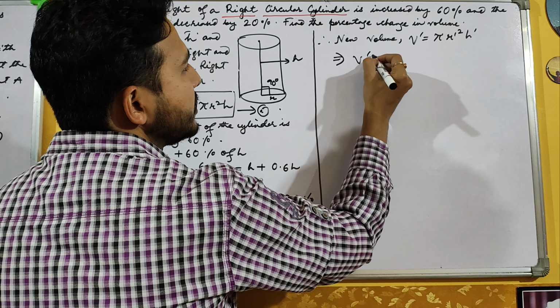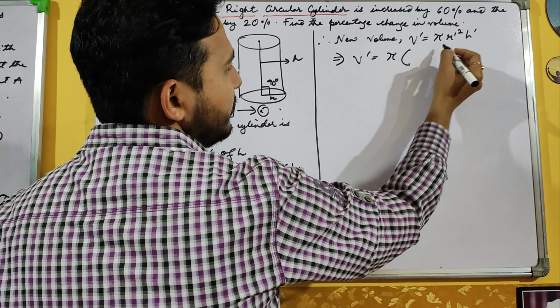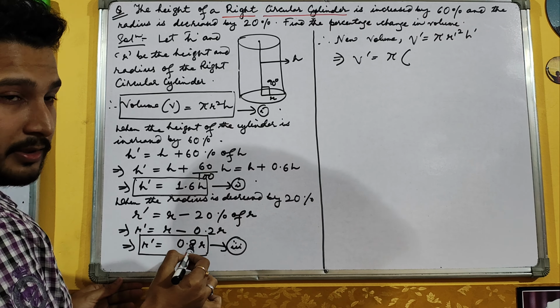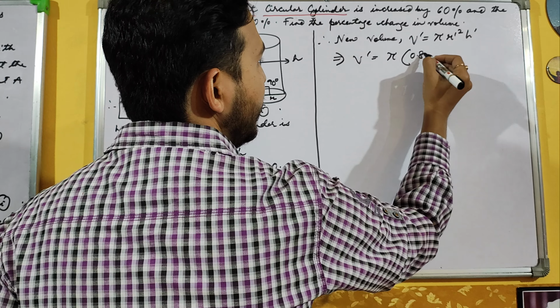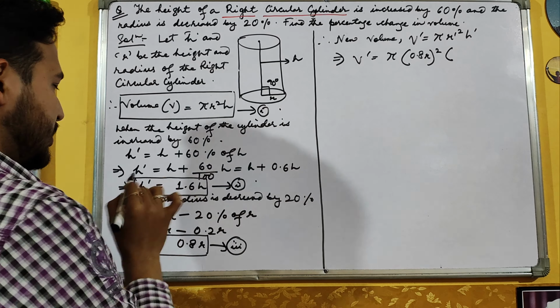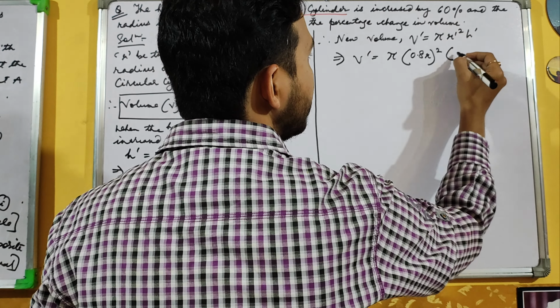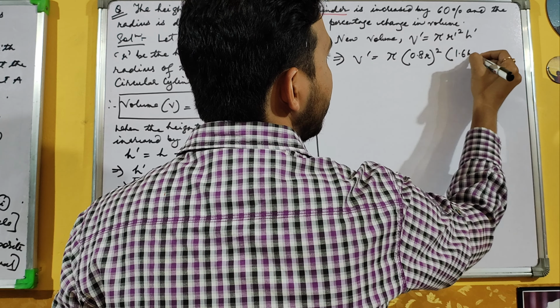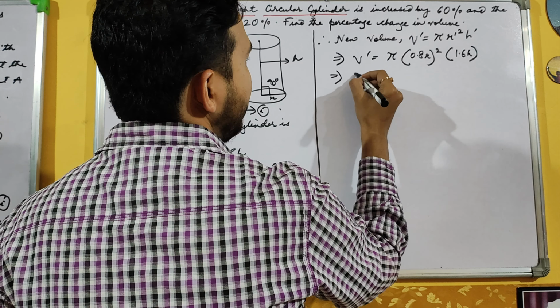So v dash is equal to pi, what's the value of r dash? It's 0.8 r, 0.8 r whole square. What's the value of h dash? 1.6 h, 1.6 h.